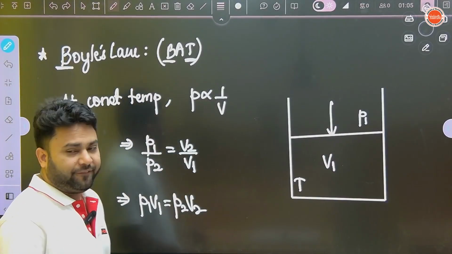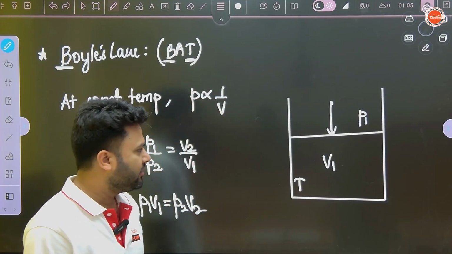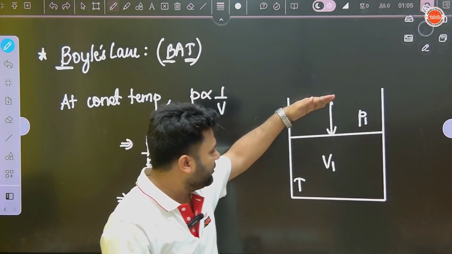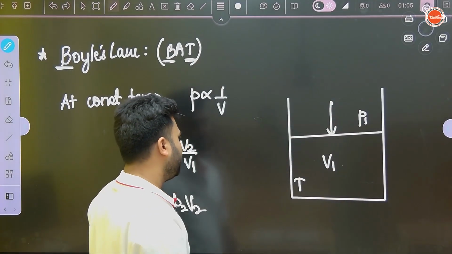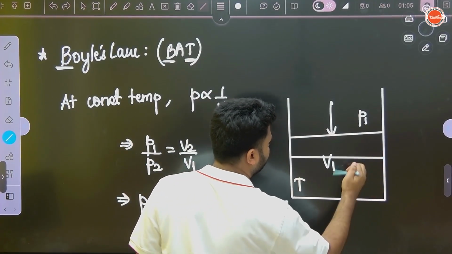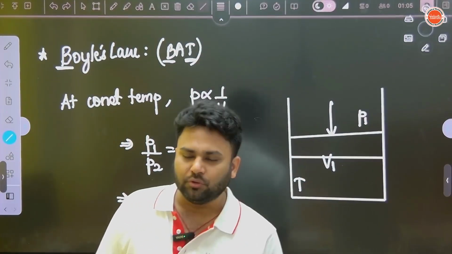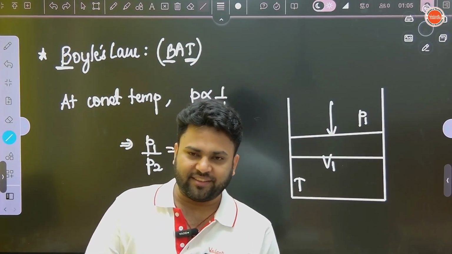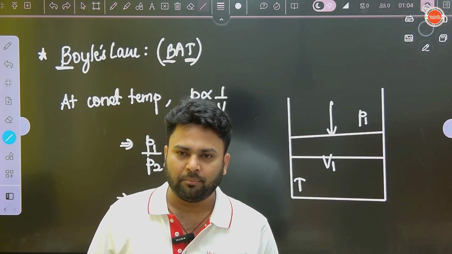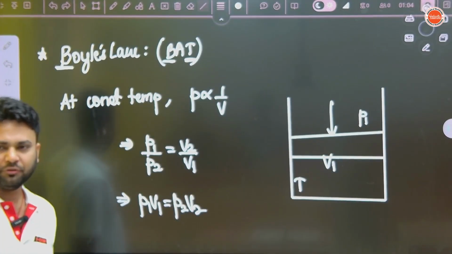What they are saying is that if we increase the pressure, volume will decrease, since they are inversely proportional. Like a syringe: if we increase the pressure, the piston will go down and the volume of the gas will decrease. Means when we go from stage 1 to stage 2, pressure is increasing but volume is decreasing. Means P2 is greater than P1 but V2 is less than V1. That is why I am writing P1 V1 equals P2 V2.